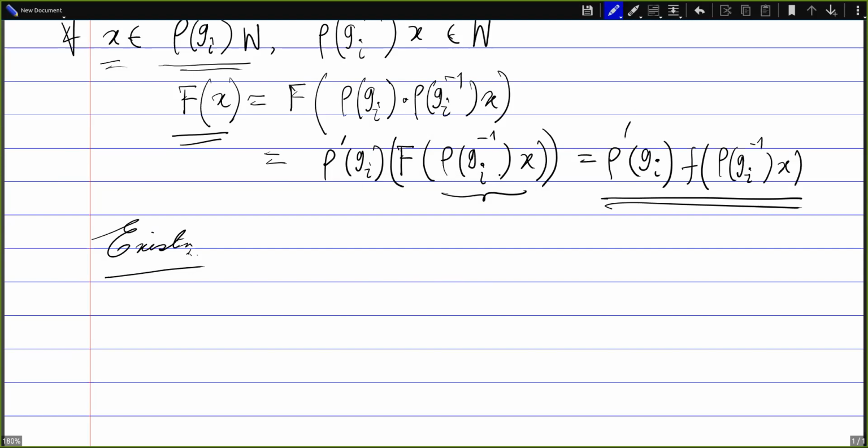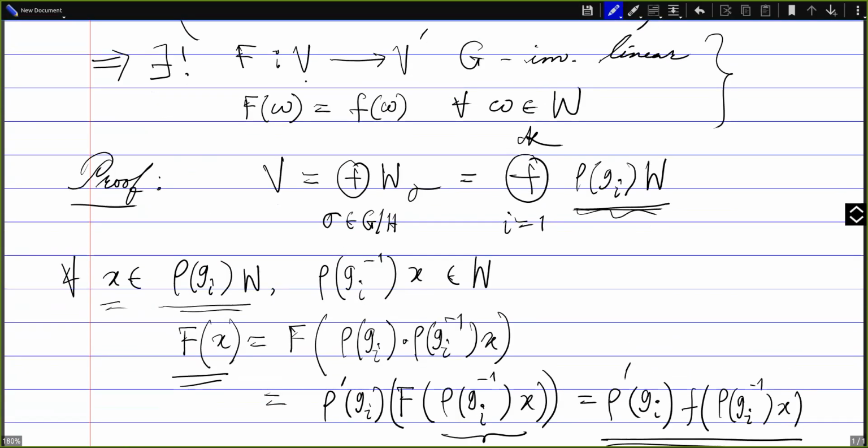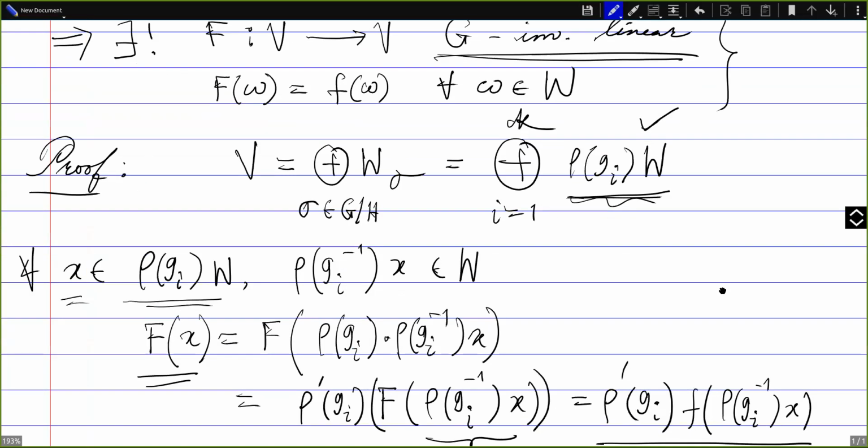Since we are supposed to define a linear map on this direct sum, it's enough to define f on each of the subspaces, because once we have defined a G invariant linear map on each of them, from the universal property of the direct sum we will get a G invariant linear map from the whole V to V prime.